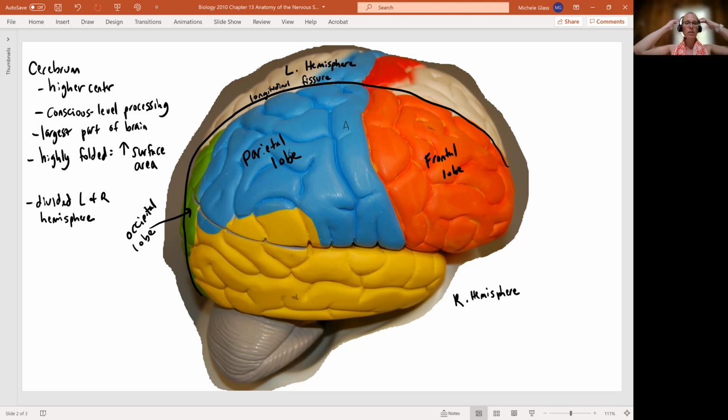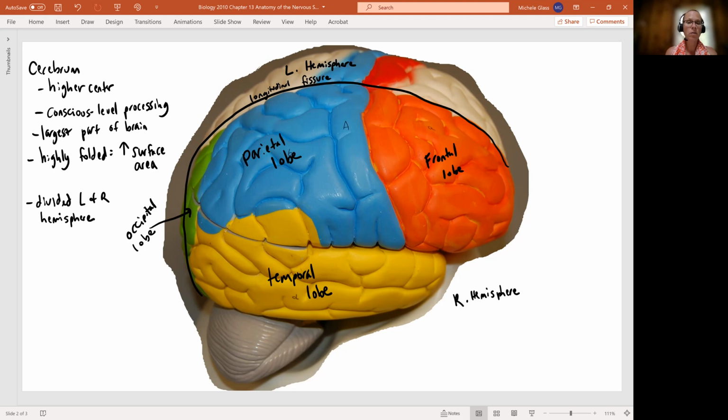If you bring your hands around to the sides of your head, in the area surrounding your ear underneath the temporal bone, we have the temporal lobe. And so here we're able to see the 4 primary lobes of the cerebrum.